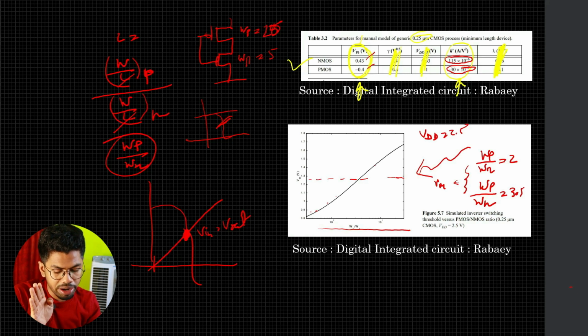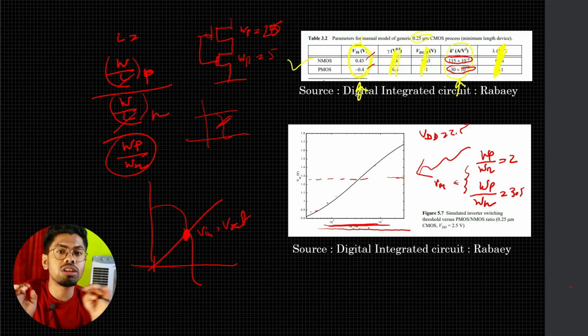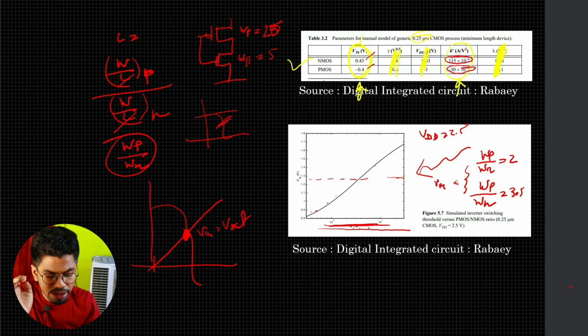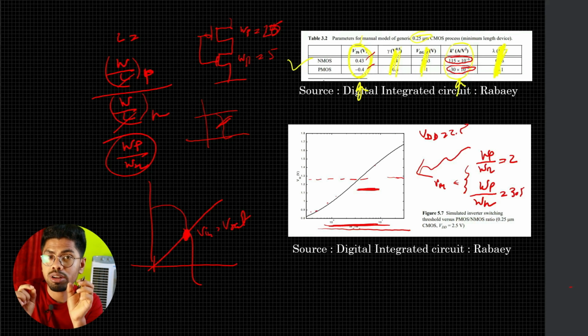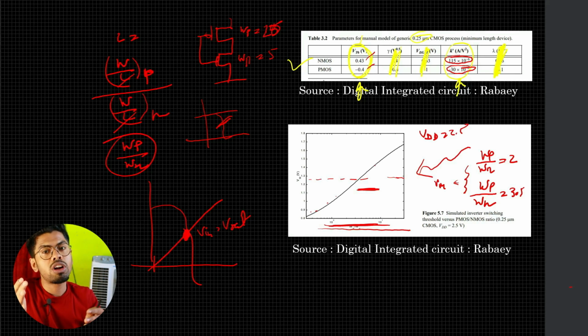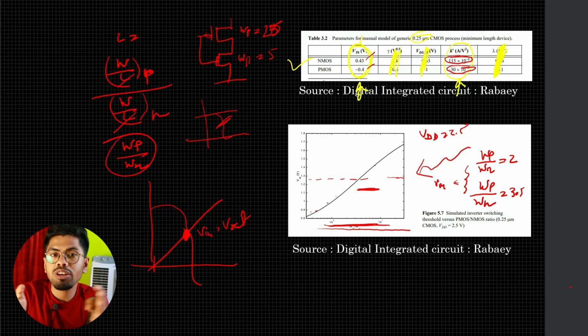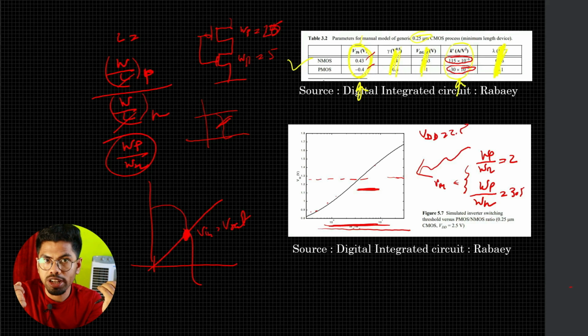It is a log paper. If you draw it on linear paper, you will probably find a flat line here, right? So that's why they went with a ratio of 2, because it will be a good compromise between the penalty of size and the transition point.